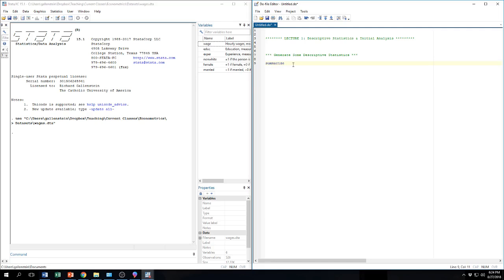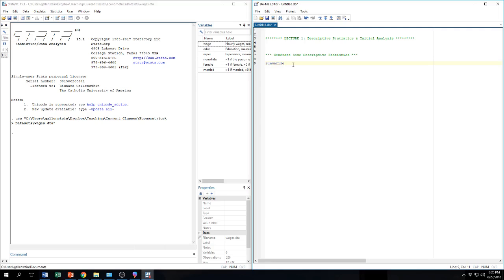So let's say that we're doing an analysis and we want to know how being married is related to wages. Then we're going to want to know, okay, what's our wage variable like? What's the average wage in this sample?